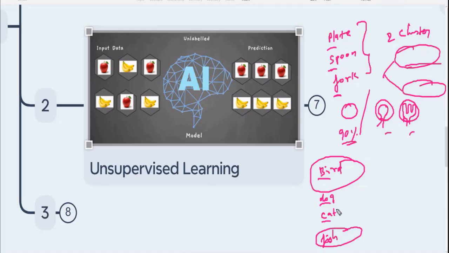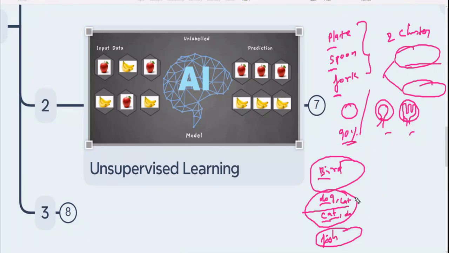Sometimes some cats look like dogs and some dogs look like cats. If you take a puppy image, they more or less look the same. So there is more possibility that it will group dog images and cat images as a single cluster. Or it can mix and match: even if it creates a separate group for dog images and for cat images, there is some possibility that some dog images will be in the cat images, and similarly some cat images in the dog group.